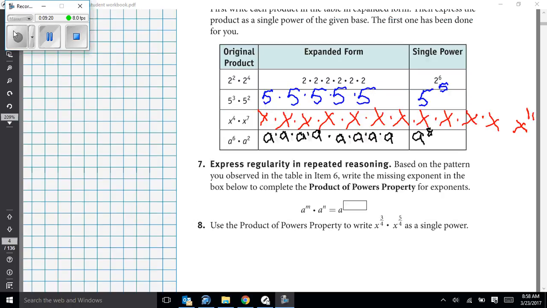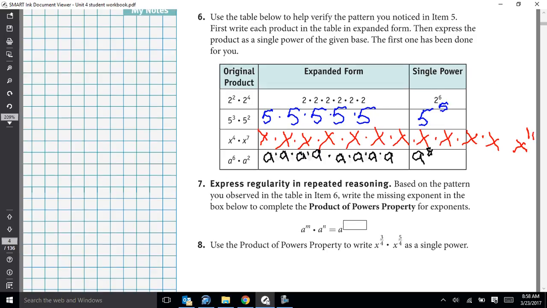All right, so now we're looking at item 6, and so we're going to fill in this table. And so we have 5 cubed times 5 squared. And so what's our thought process with this one? All right, so this is very similar to the iceberg one, right? But here, what's the base in this one?